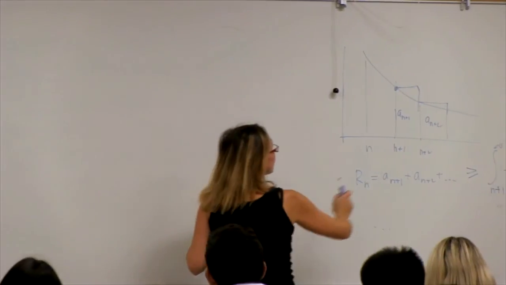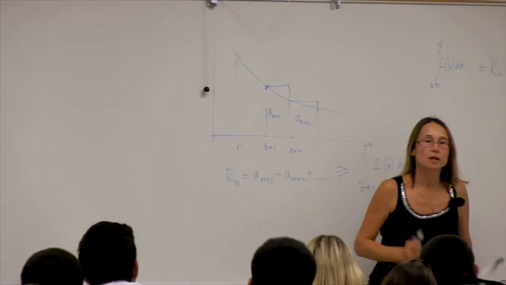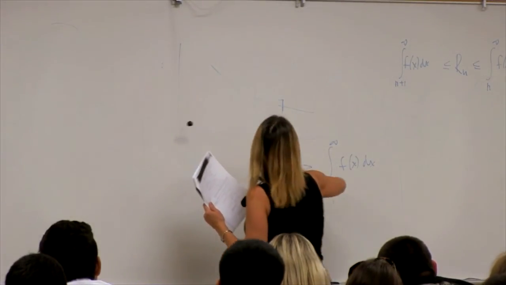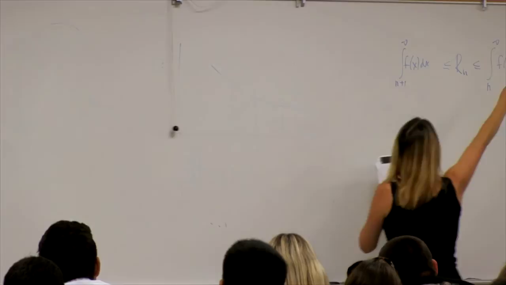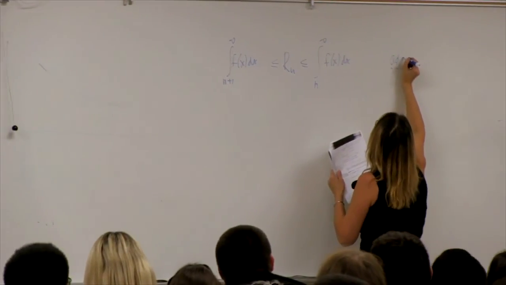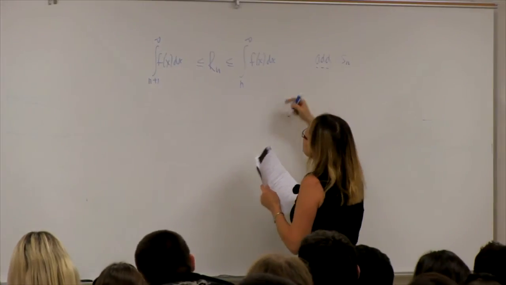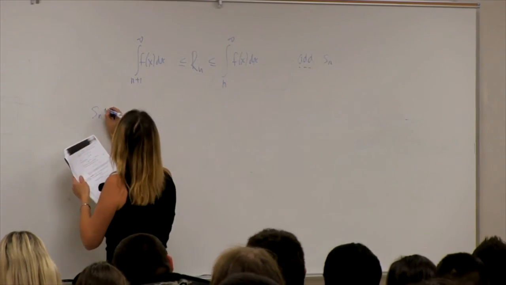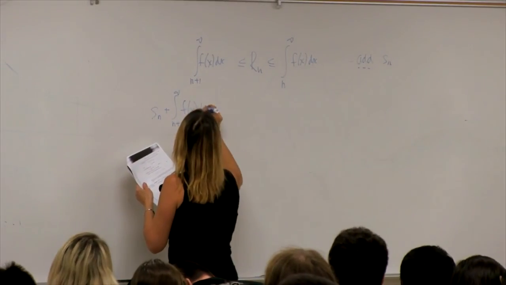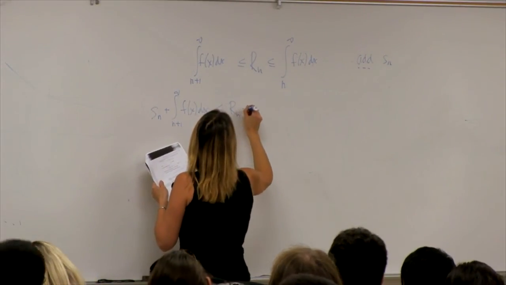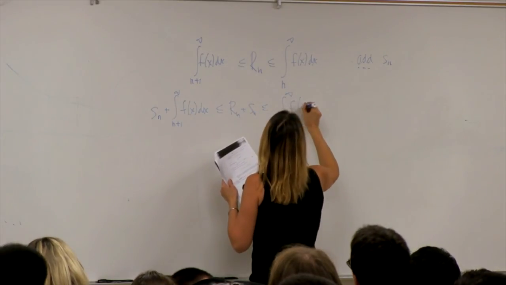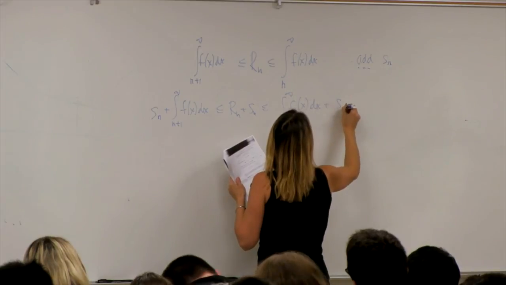So this formula estimates the remainder. How can we estimate the sum? So I take this formula. Actually, let me just do it here. I'm going to add Sn to each side. So I have Rn plus Sn, and this is the integral from n to infinity of f of x dx plus Sn.